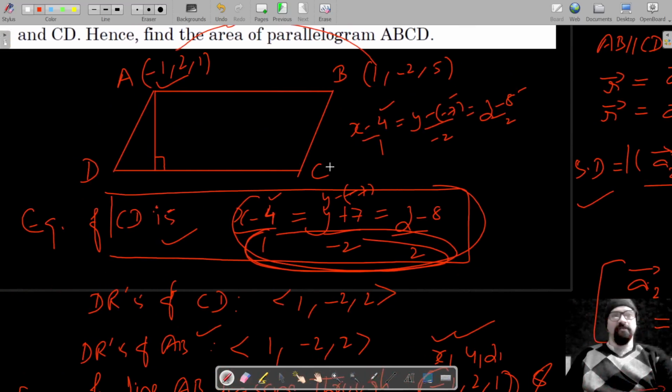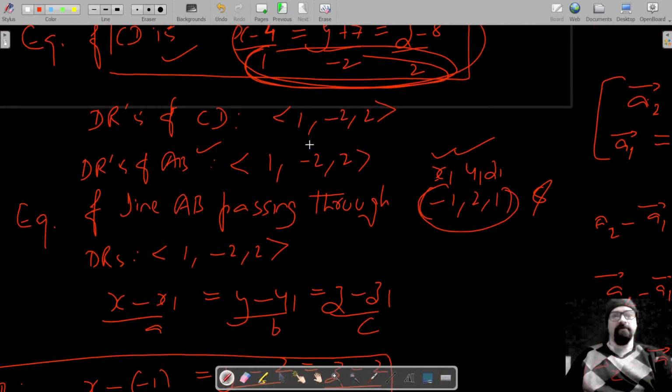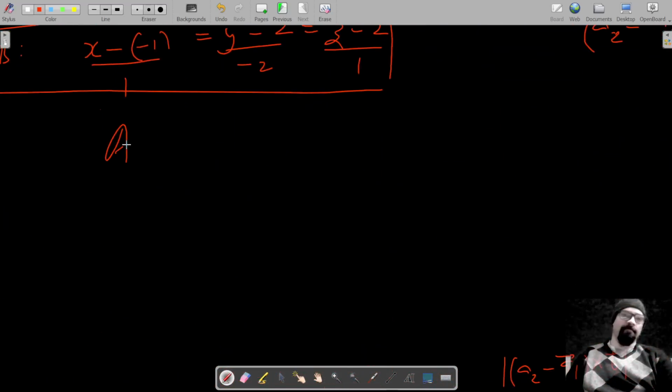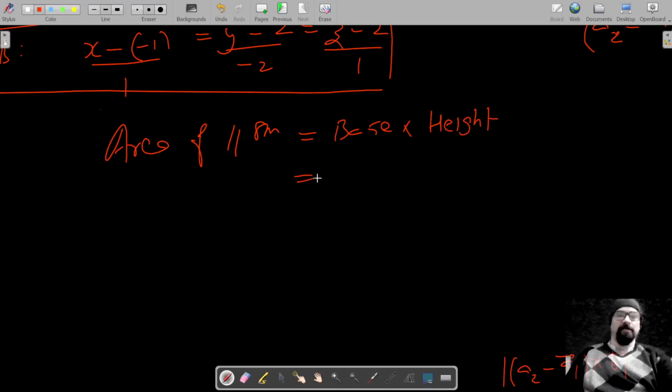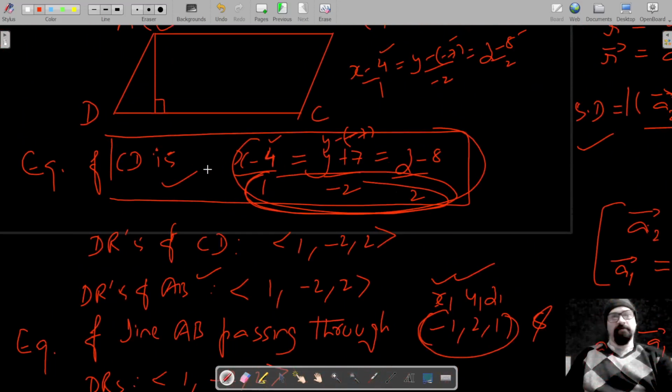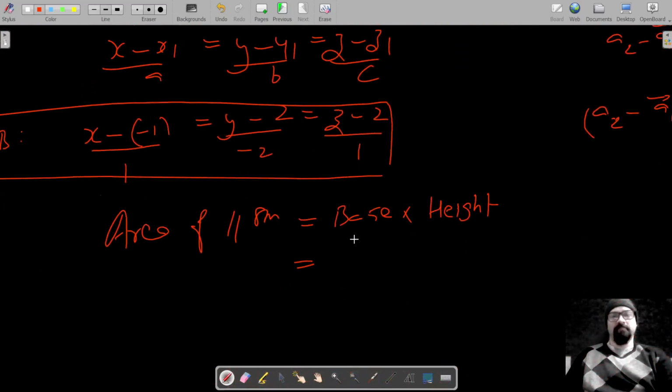Now use this to find the area of the parallelogram. Area of the parallelogram is given by base into height. Now the base here is CD, so CD into height.